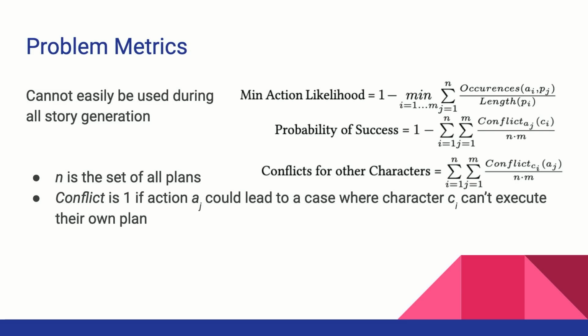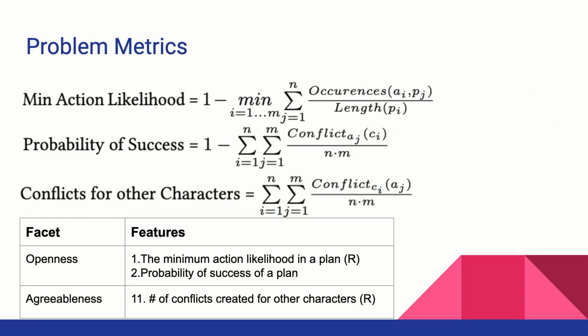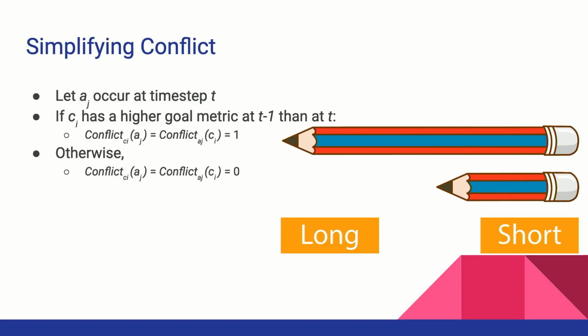So our work was on trying to simplify these equations, and we tried to keep them as close to their original values as possible to see what we could come up with. Here we go. So for conflict, we decided to redefine it a little bit by shortening the distance for which it looks for a character's conflict.